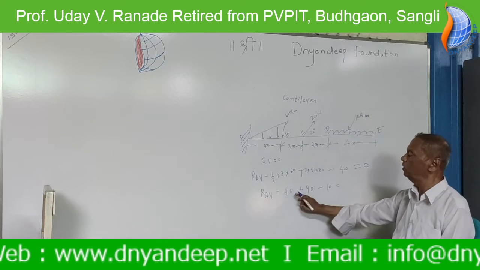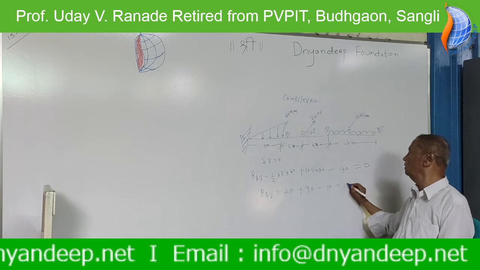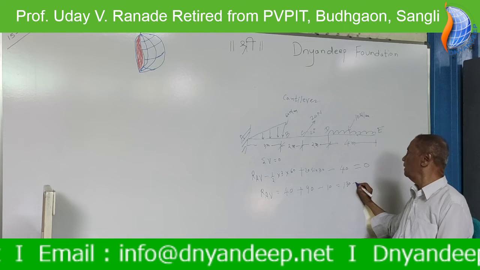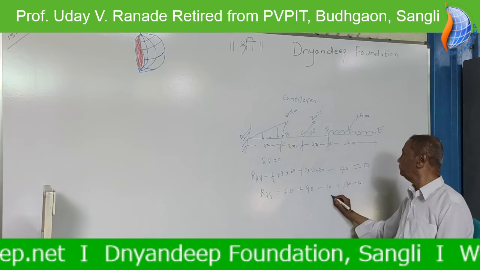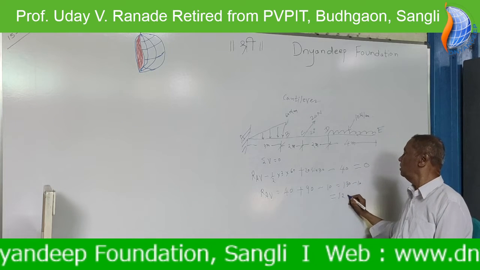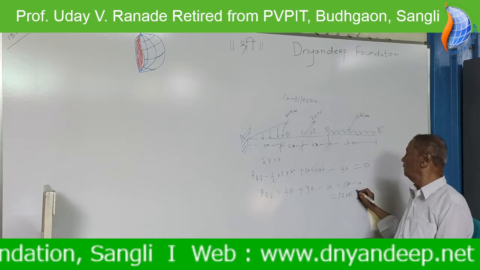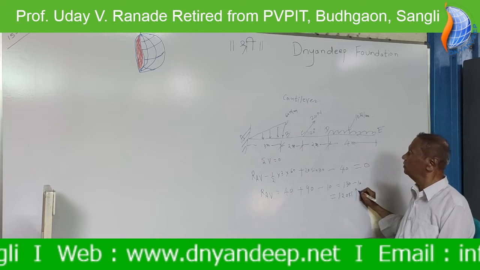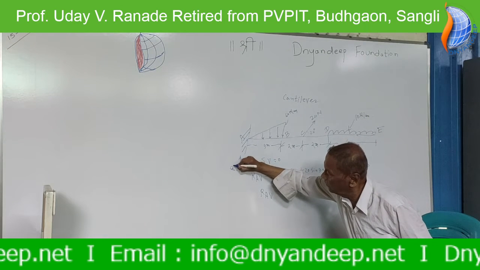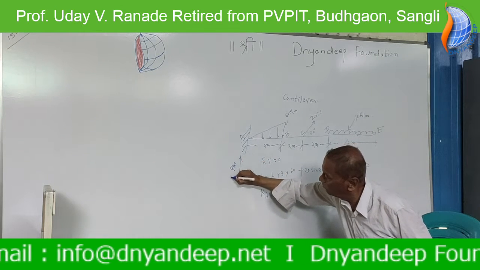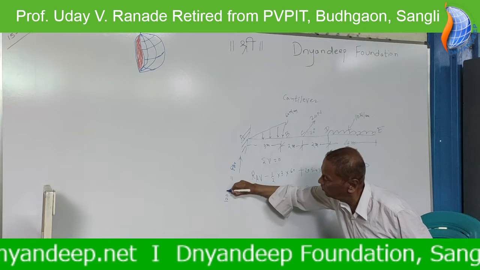So it is equal to 40 plus 90, 130 minus 10 equal 120 Newton. 120 Newton in upward direction. So this is RAV equal to 120 Newton.